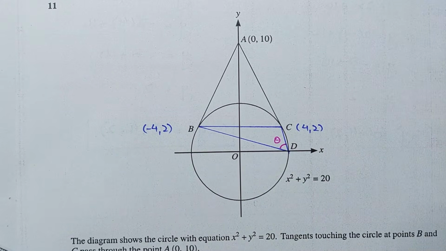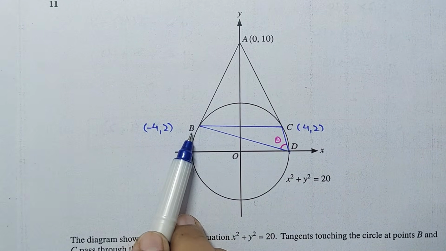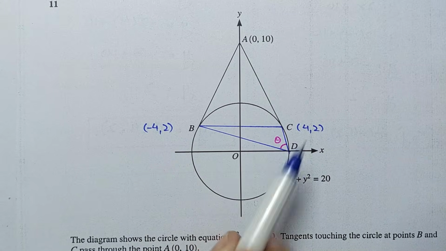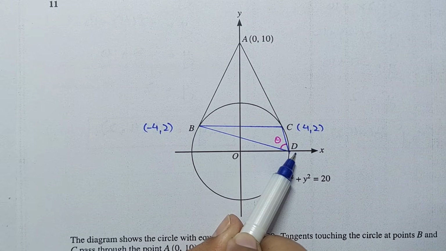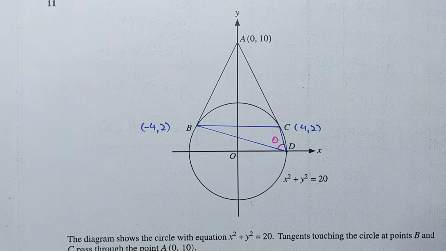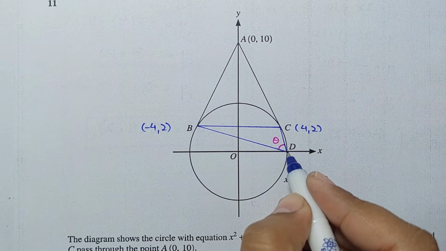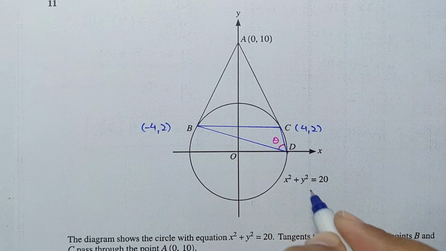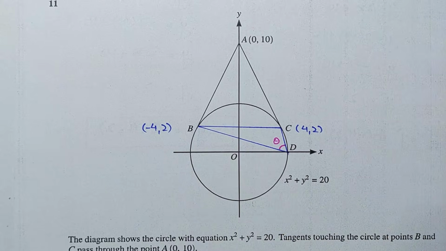All right. So first thing, we have the coordinates of B and the coordinates of C. We need to find the coordinates of D for this triangle, right? The coordinates of D are the point where the circle crosses the positive x-axis, so the y component is 0.